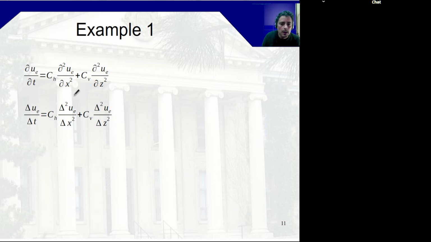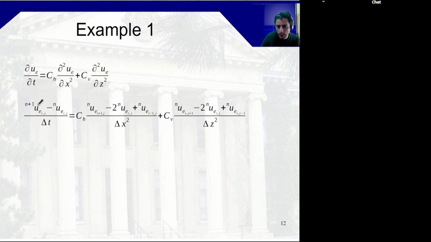Now we have to redevelop our equations the same way we did before. So we have a coefficient of horizontal consolidation, and two space indices. Instead of just I, we have I and J, with I being in the X direction, J being in the Z direction, and N being the index in time.